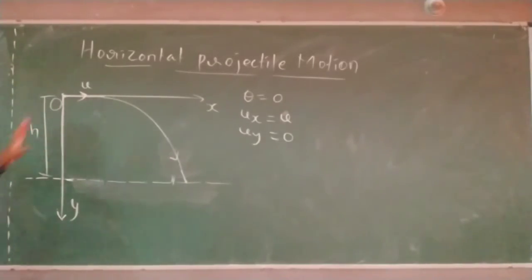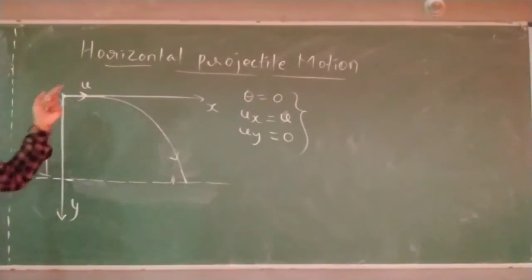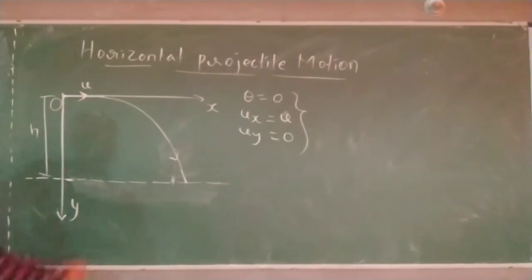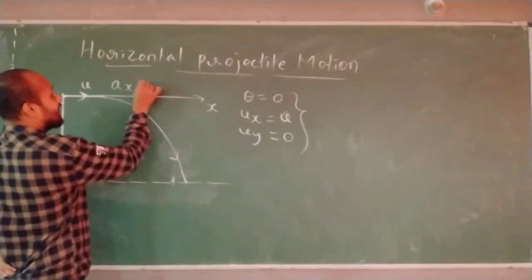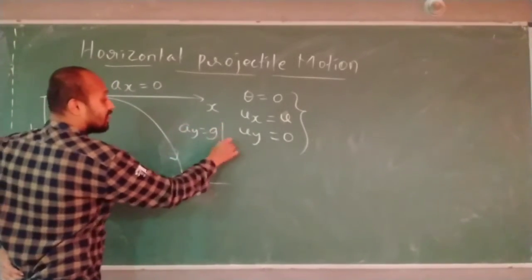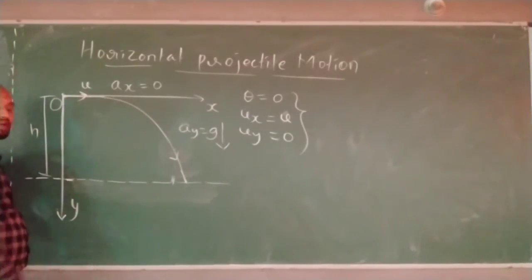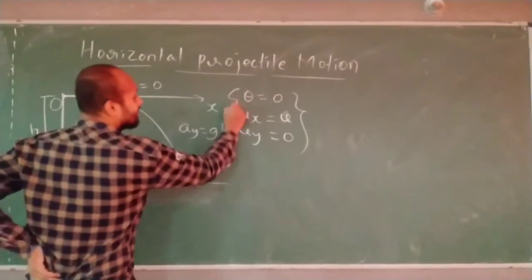Now, what are the conditions? These are the conditions which will hold in horizontal projectile motion. Here, acceleration acting along x is 0. Ay is acting downward. And these are the three conditions.